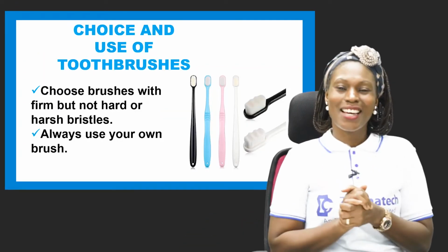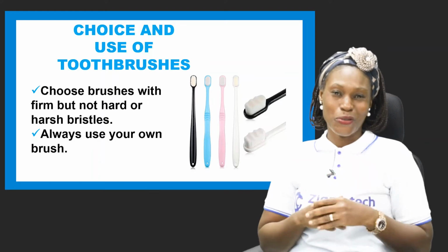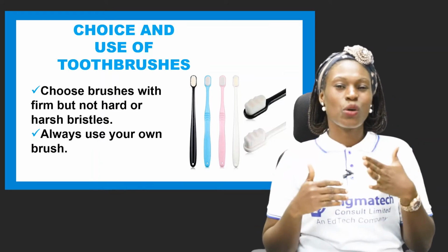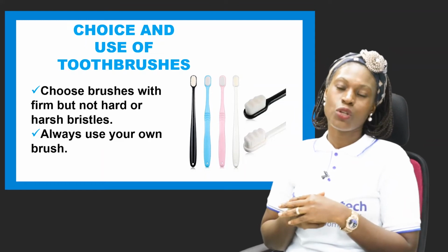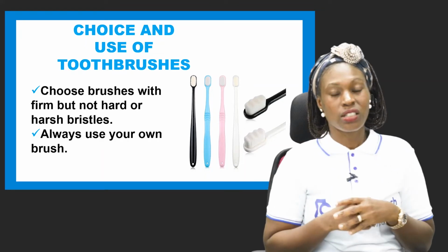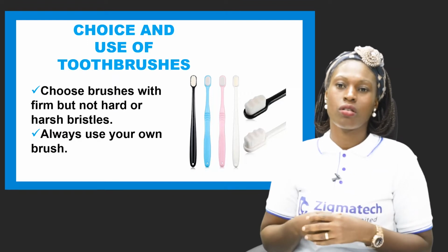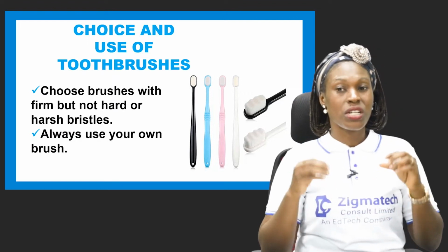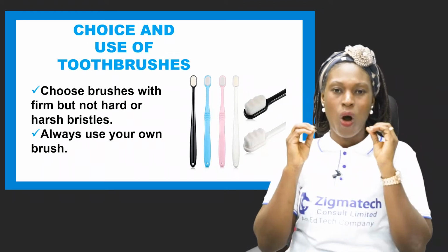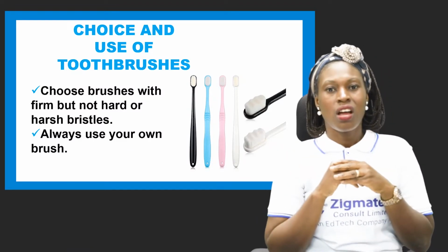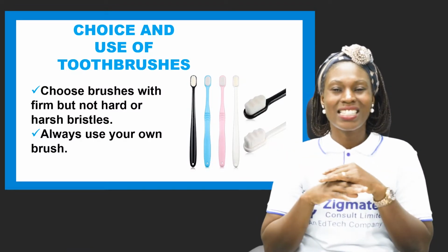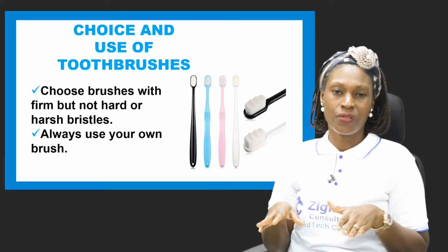Now let's look at the choice and use of toothbrushes. Yes, the choice and use of toothbrush. Now when you want to pick your toothbrush, there are some things you should look out for. Now, choose brushes with firm and not hard or harsh bristles. Okay, there are different types of toothbrushes out there in the market.